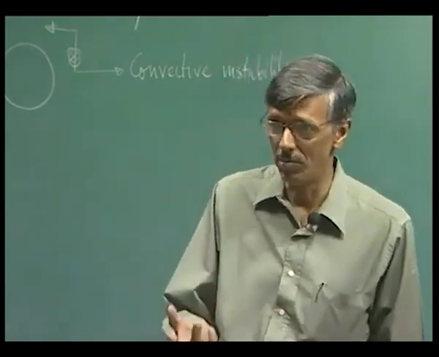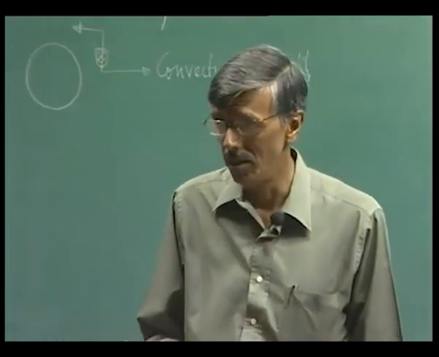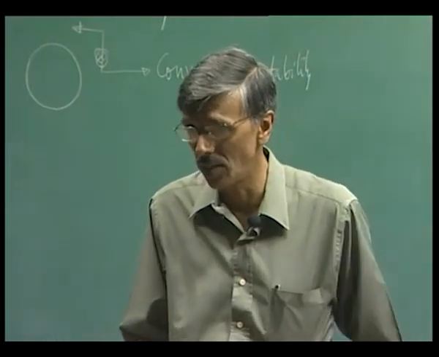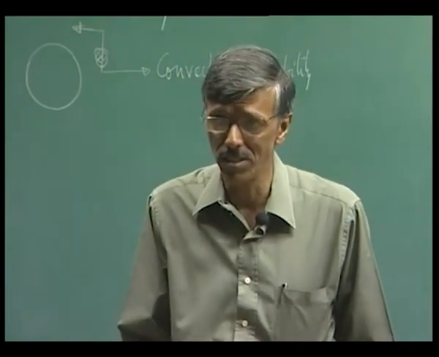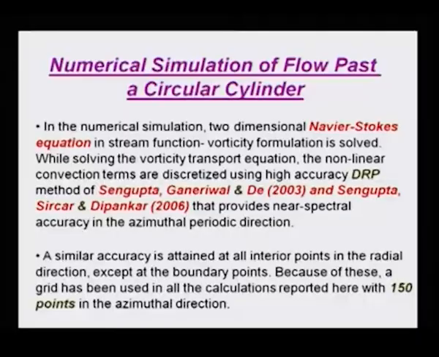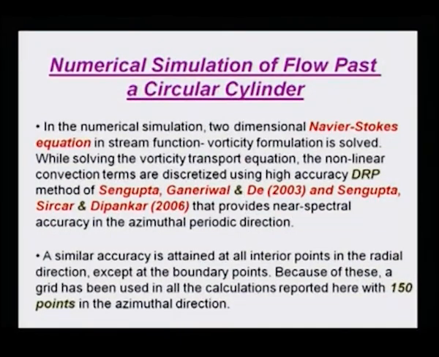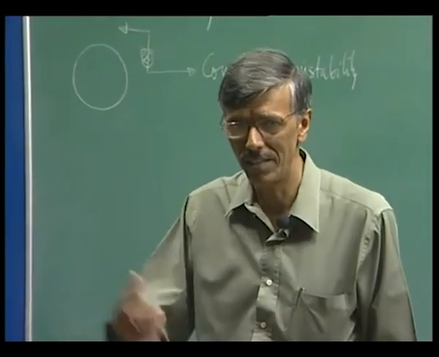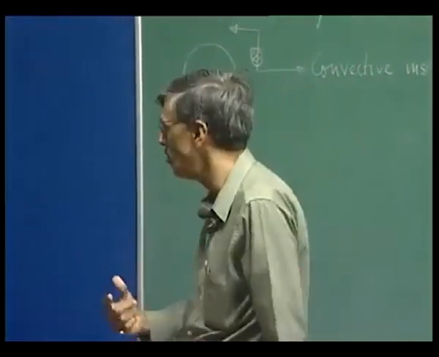If I solve, say, the Navier-Stokes equation in primitive variable, you know that it takes a lot of effort to preserve the mass conservation correctly. That actually is quite time consuming. The moment you use stream function as a dependent variable, you obviate the need for satisfying mass conservation.